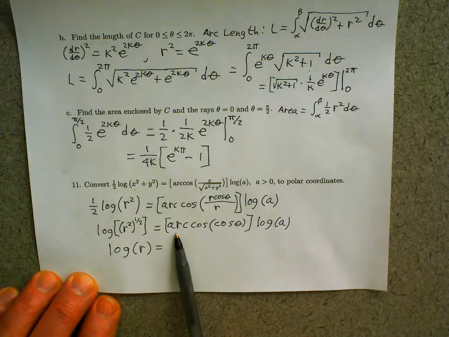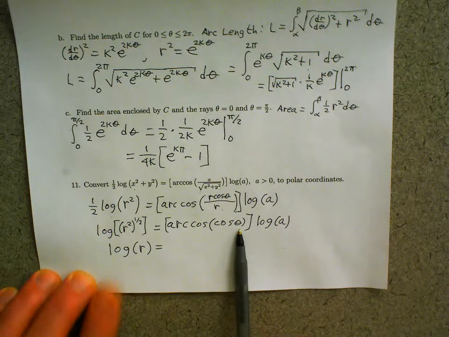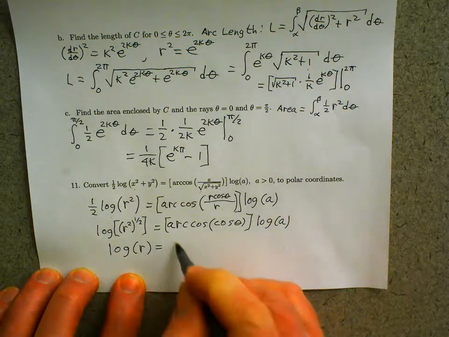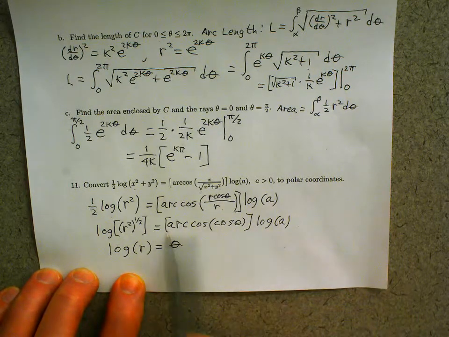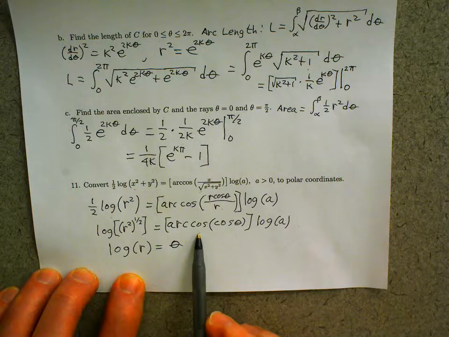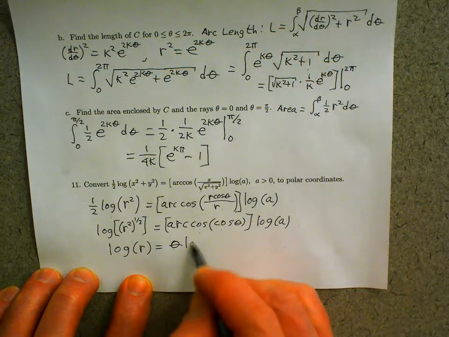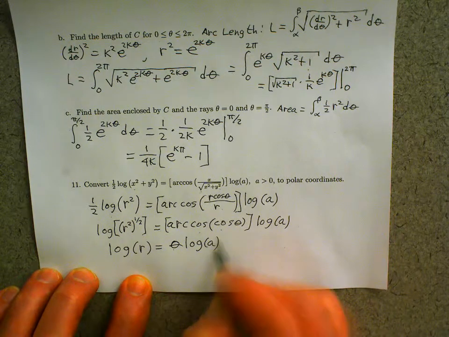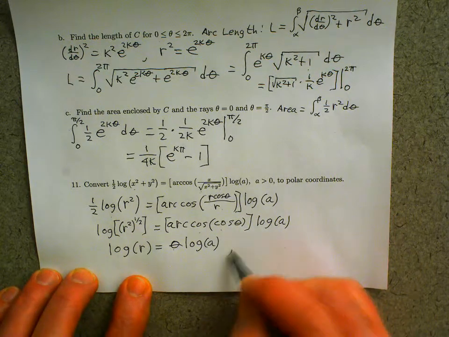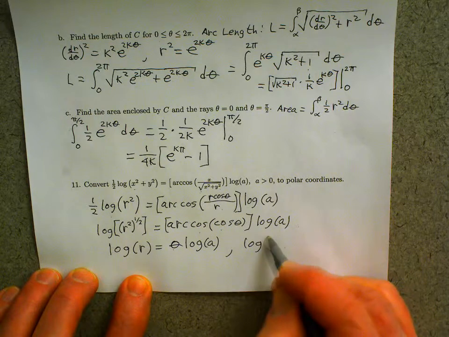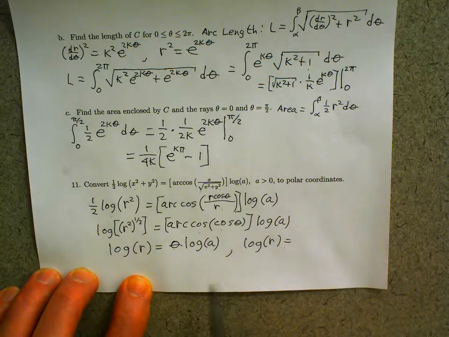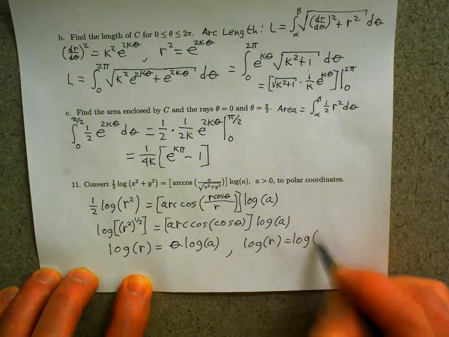And the arc cosine of cosine of theta is just theta, because the arc cosine is the inverse of cosine. So theta times the logarithm of a, and then the logarithm of r equals the logarithm of a to the theta.